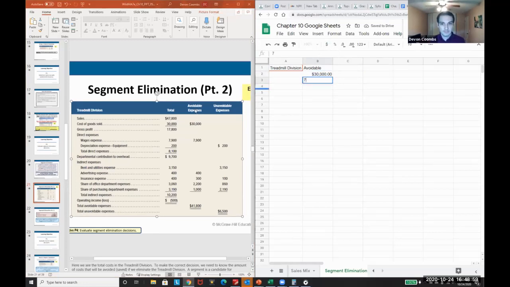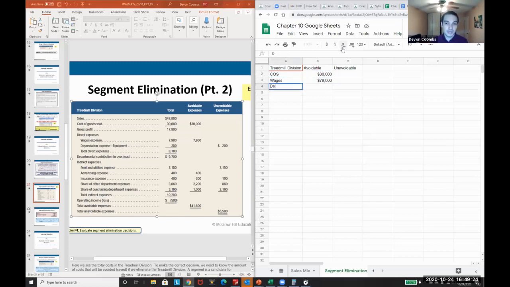Our wage expense. Does this make sense? The cost of goods sold is avoidable because if we eliminate the department, we're not going to have that anymore. Same with wages. If we eliminate the department, we're not going to have employees anymore.